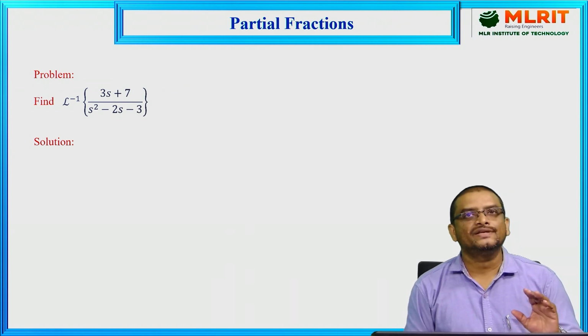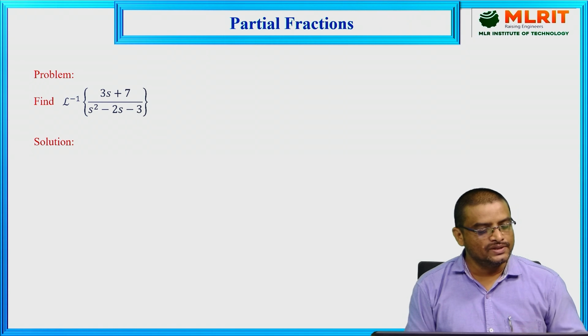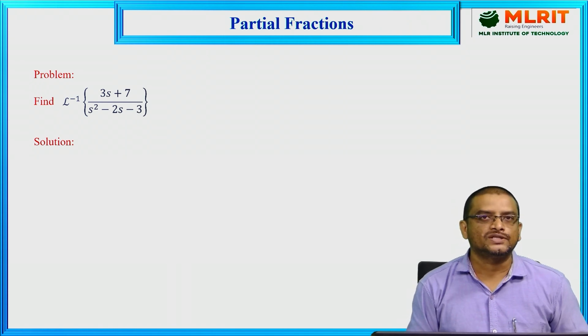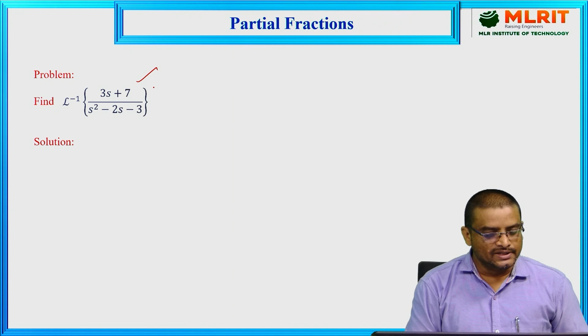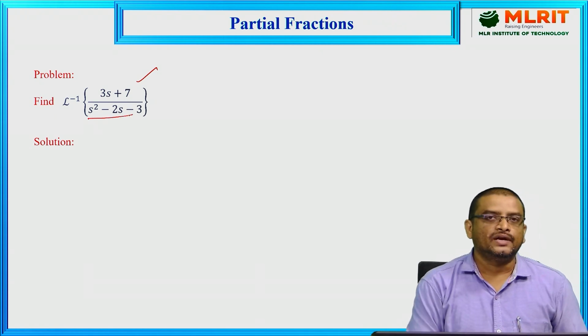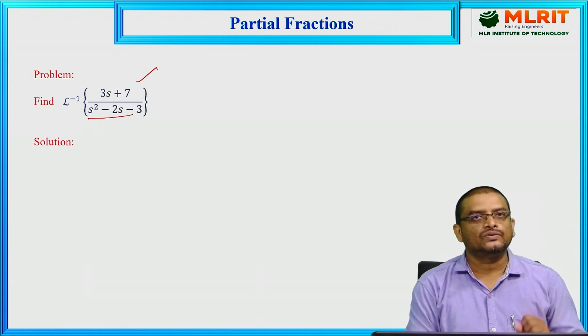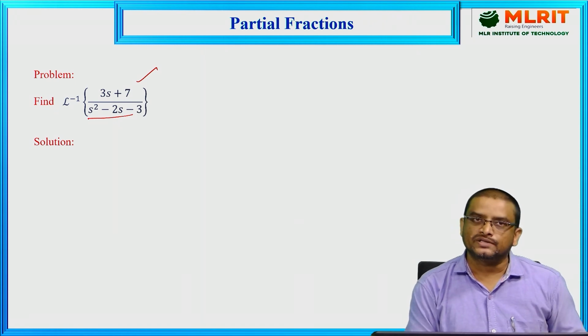Now let us take the concept of partial fractions, and see how to find the inverse Laplace transform for this function: 3s plus 7 by s square minus 2s minus 3. Whenever we have a quadratic factor in the denominator, first we have to check whether it is possible to split into linear factors or not.